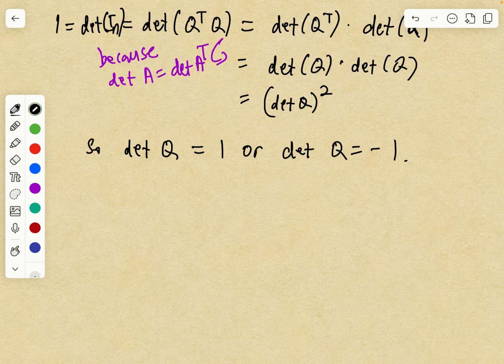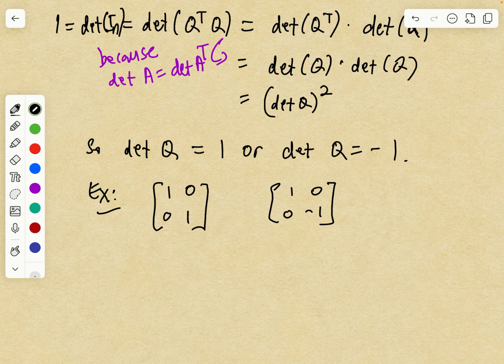So for instance, you can take the n by n identity matrix. I just drew the 2 by 2 one. That's determinant 1, and if you change this bottom right number to negative 1, that's an orthogonal matrix with determinant negative 1.